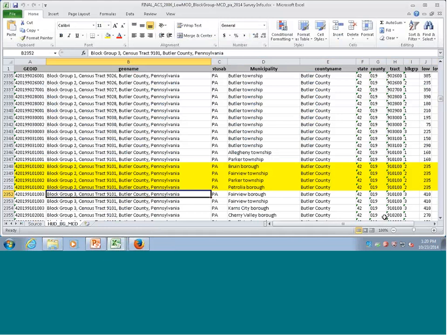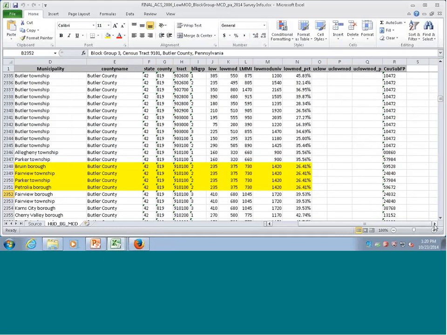Can you scroll over, John, a little bit, because I can't see what I'm looking at. Okay, so your low mod in this particular instance is 375. That would be column K. The total universe is 1,420, and the low mod percentage, as it's indicated on the screen, is 26.41%.